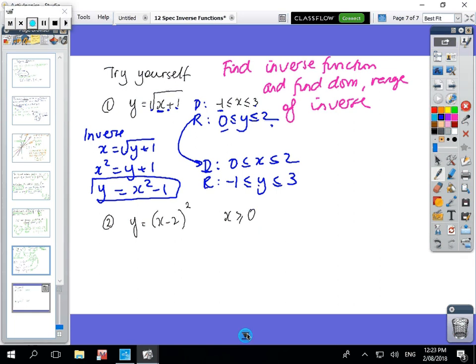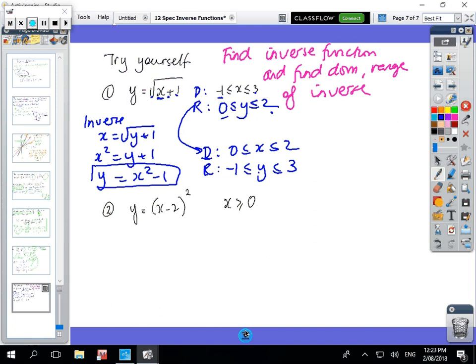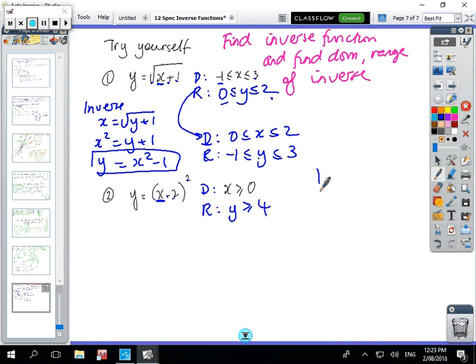Okay, the next one. So that's the domain, x is greater than 0. When I stick 0 in, I get -2. -2 squared is 4, and so it's greater than or equal to 4 is the answer. So basically, this is a parabola, (x minus 2) squared. It looks like that, and it's a little bit trickier than I thought.